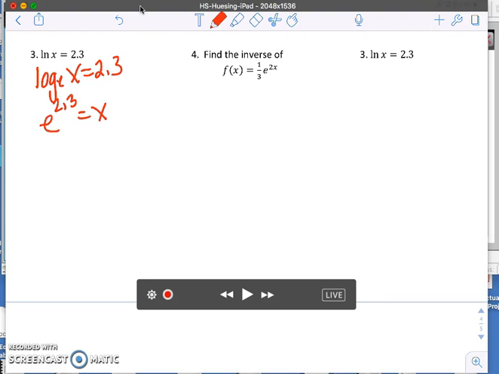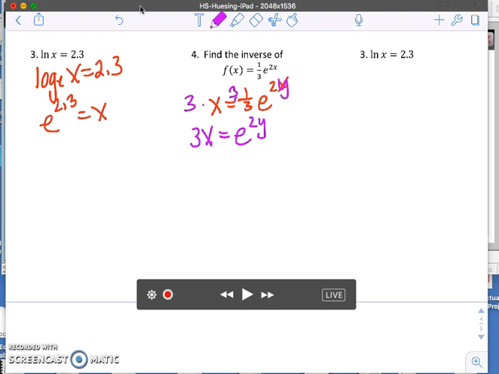So let's look at this last one. How are we going to find the inverse? So we switch our x's and y's. Well, we got to get that exponent by itself, so times 3 on each side. So 3x equals e to the 2y, oh, that should be y.